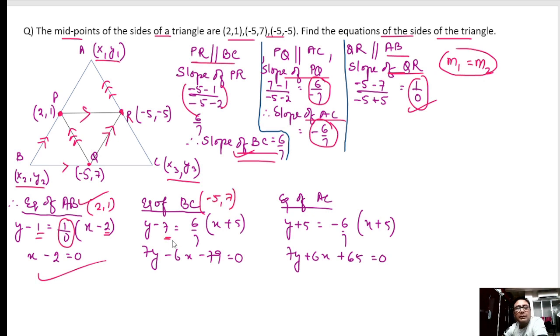So y minus y1 is m into x minus x1, we get the equation. AC is passing through (-5, -5). So y minus y1 is m into x minus x1, and we get the equation of the line AC. Clear?